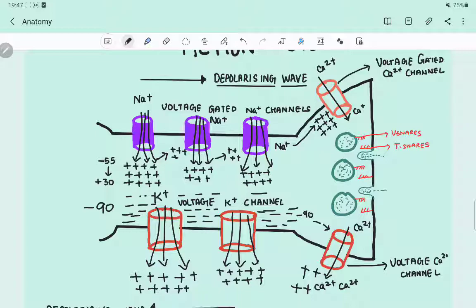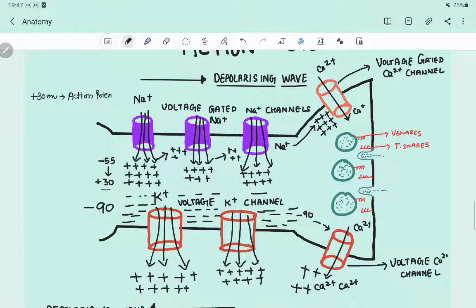Suppose the resting membrane potential has touched the threshold potential. After that, the voltage gated sodium ion channels will start to open, and the positively charged sodium ions will influx rapidly inside the cell membrane, and they will flip the script, that is, minus 55 millivolts will turn into a positive 30 millivolts, and this is called the action potential.